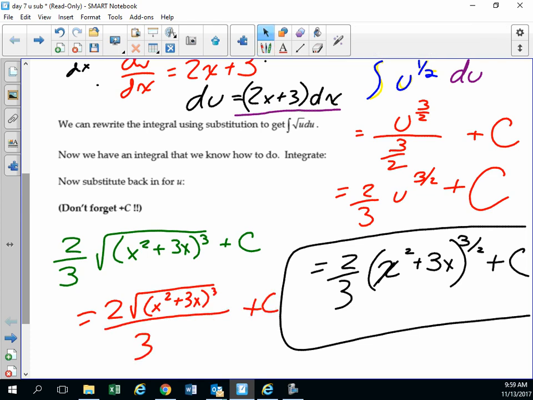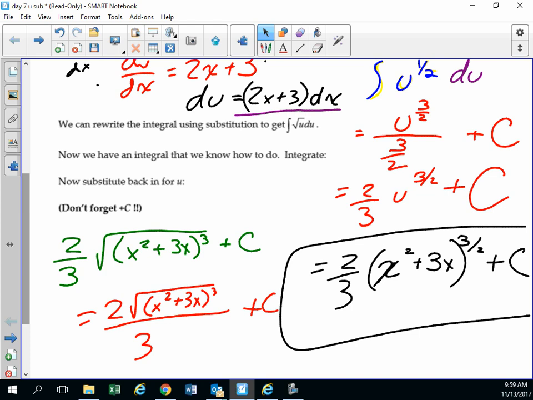Black, green, or red mean the exact same thing. I don't care which one you give it to me. On multiple choice, I would probably put it back as a radical. I do care that you don't have negative x on it. That's what I really care about. Because when you divide by 3/2, how do I get rid of dividing by 3/2? Multiply by the reciprocal. Is that better?